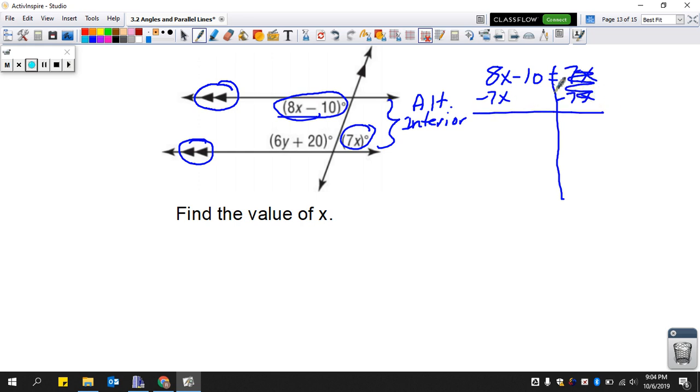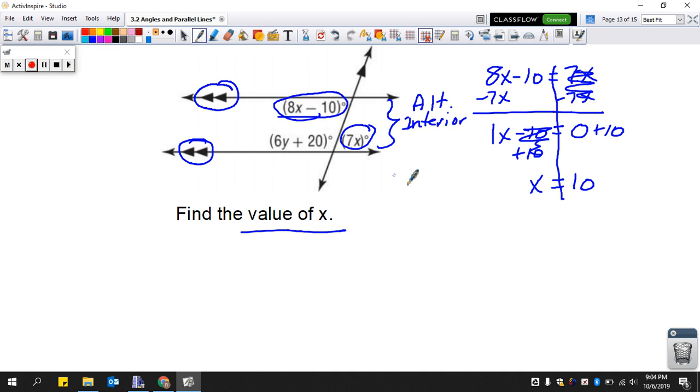We have to be careful here because the 7x minus 7x gives me 0. Here I have 1x minus 10 left over. Then I'm going to add 10 to move it over to the right-hand side. 0 plus 10 is 10. So we have 1x, or just plain old x, is equal to 10. Okay, so that answers the question for the value of x.